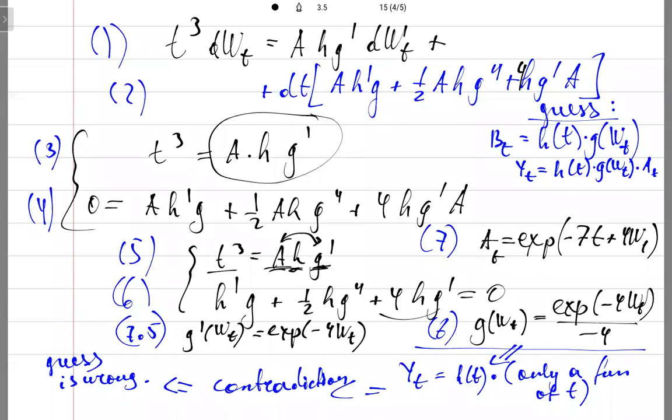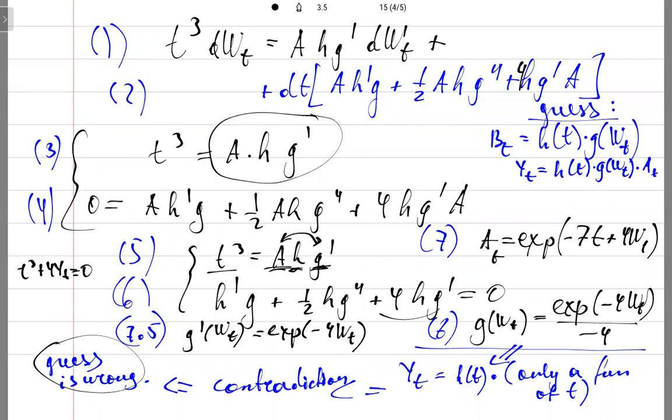Yes, we need to check this last opportunity to save the wrong guess. Honestly speaking, you are right. You need to check the possibility that t cube plus 4yt is 0, but I think that's wrong.